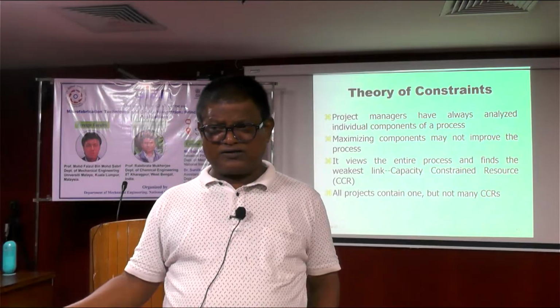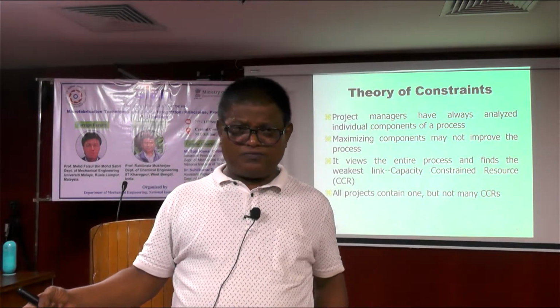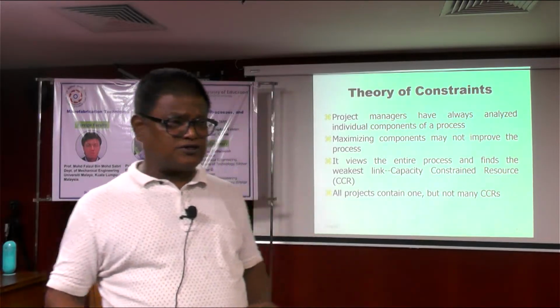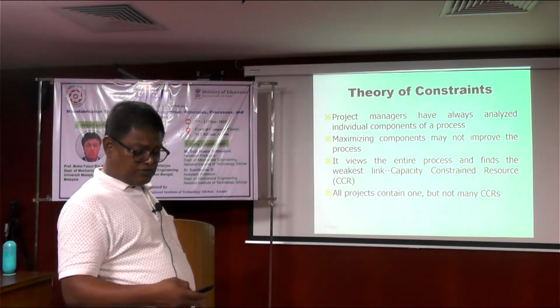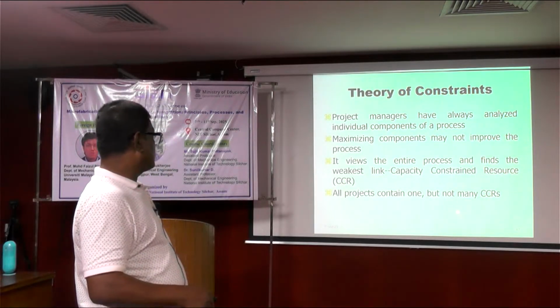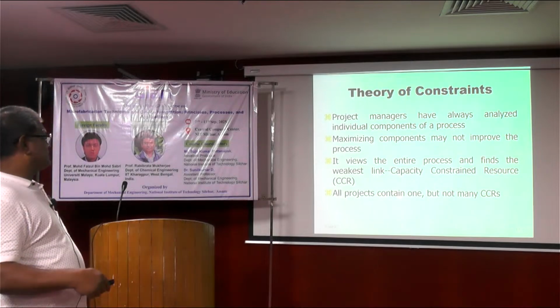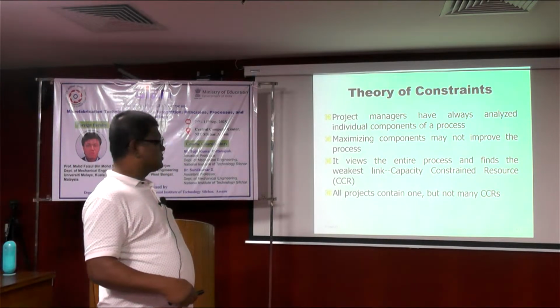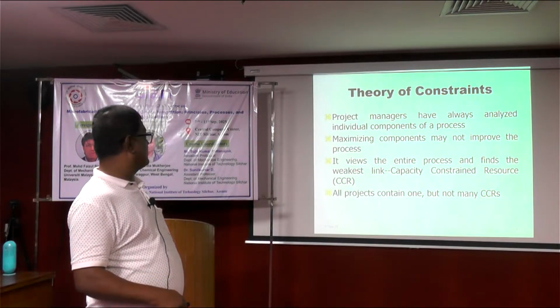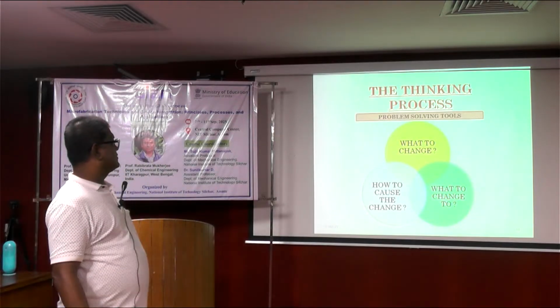So that is not the way we will optimize our resources. So capacity constraint means the one on which more load will be there, that is your capacity constraint. All projects contain one but not many capacity constraints. So each organization must be having at least one constraint.